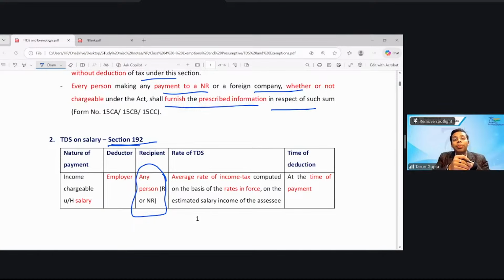If the salary so paid is taxable in India, then the employer is required to withhold tax. Again, the employer may be R or NR. So if the employee is NR, then when can it be that the salaries are taxable in India? Tell me. We have discussed this.